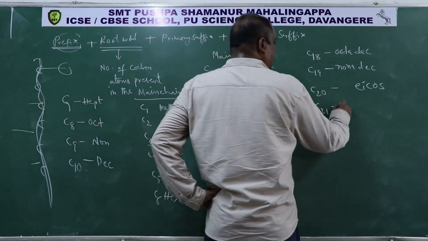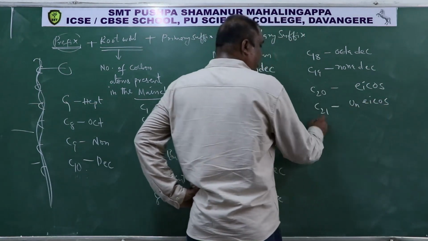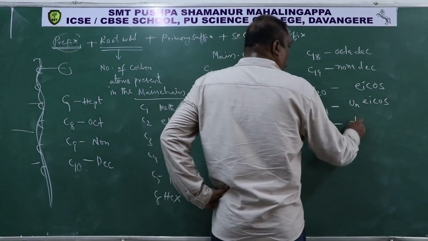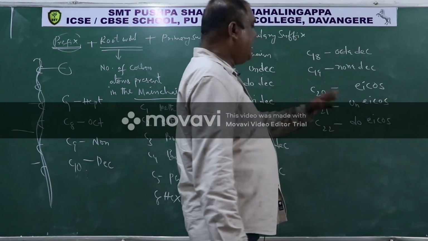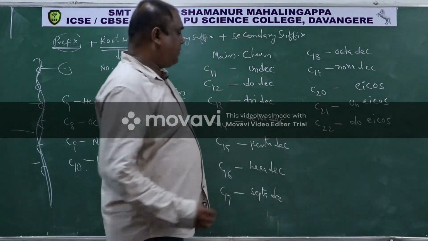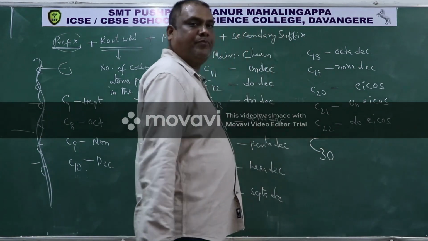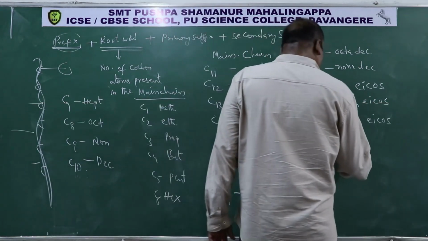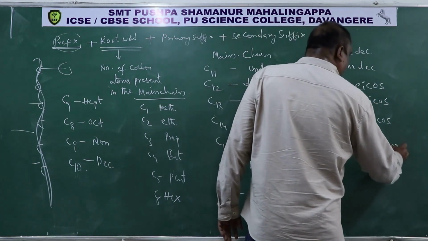21 are there, unicos. 22 are there, doicos, triicos, tetraicos, like that. Finally, in the main chain, if 30 carbons are there, then it is called triacont.